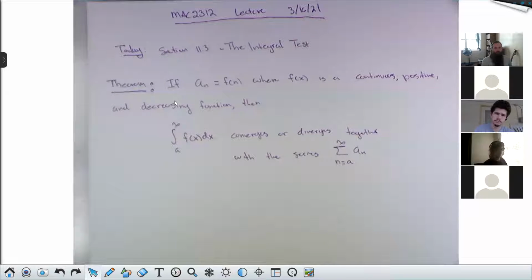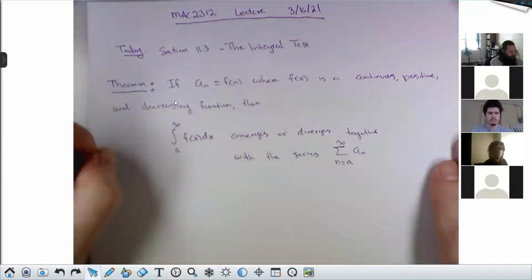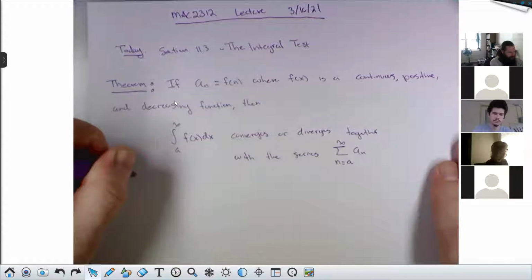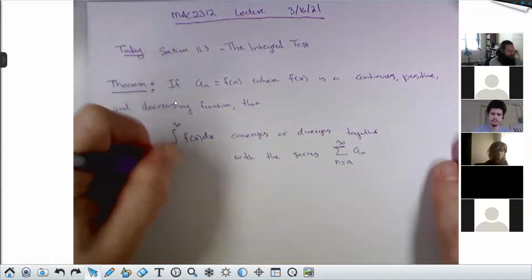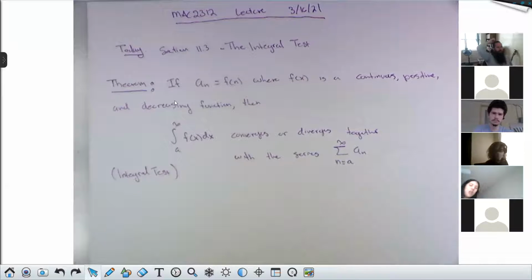This is the integral test. That's the name of this theorem.